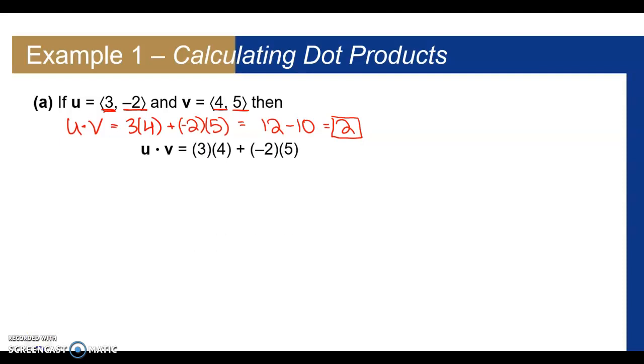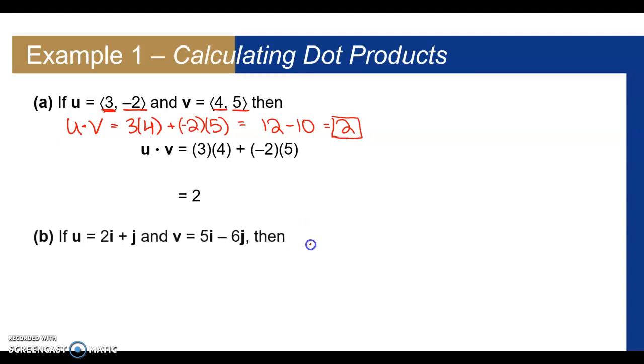All right, and here's the typed version. Now we can do the same thing for this next example. We're going to find the dot product of u and v. The only difference is it's in terms of i and j instead of being written with angle brackets. But the process is still going to be the same.